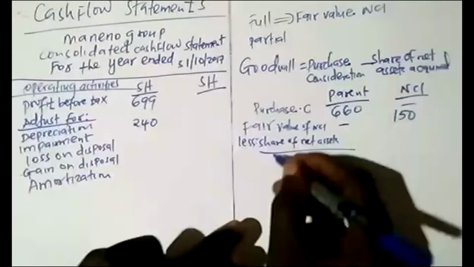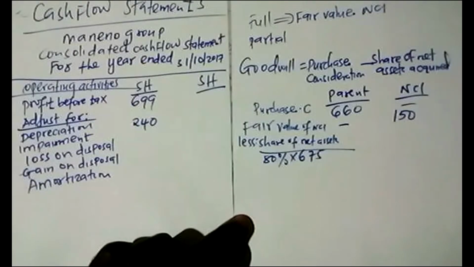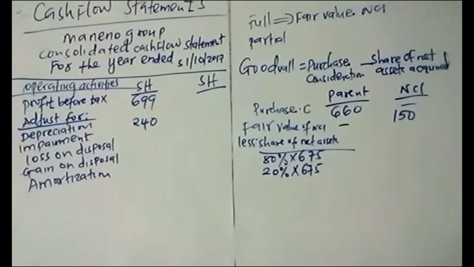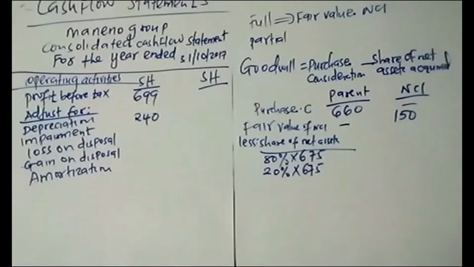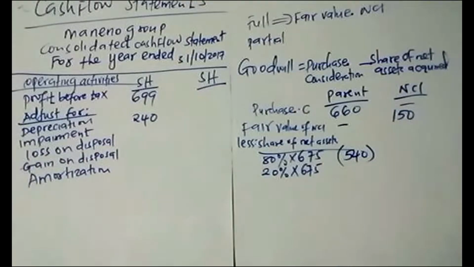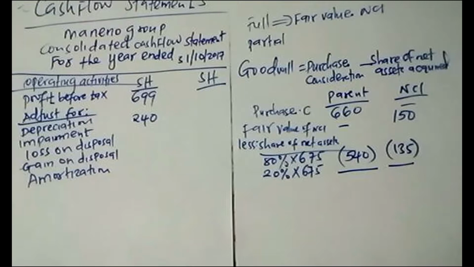I will say 80% of 675, then 20% of 675. 80% of 675 gives me 540. Then 20% of 675 gives me 135.